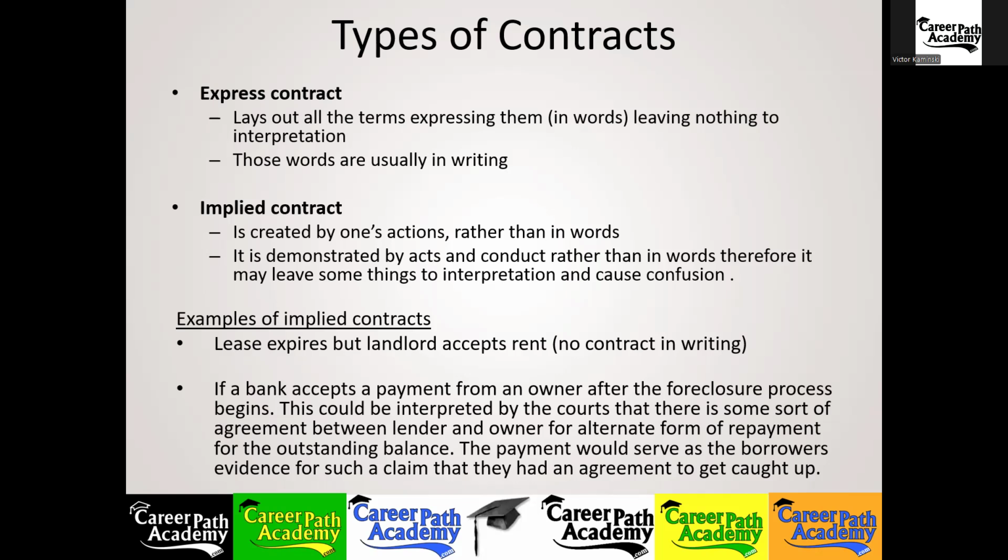It's implied that they're going to continue leasing there month to month now. Now, some things that could cause confusion and interpretation is, well, according to what terms? The terms that we previously had in a lease, or something different? How does that work? Well, because you didn't state it in words, in writing, it leaves something to interpretation, right?